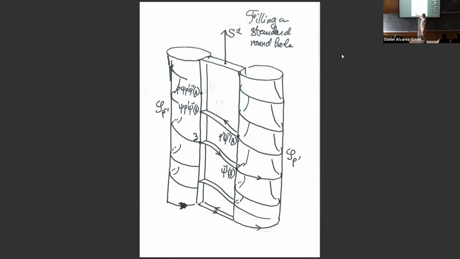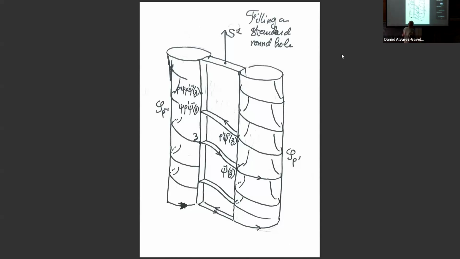You recognize here the suspensions of the two rotations rho and rho prime, which have been filled accordingly to this recipe. And you just glue them by this little bridge, using the monodromy psi to glue the two around a small neighborhood of a fiber in the boundaries.